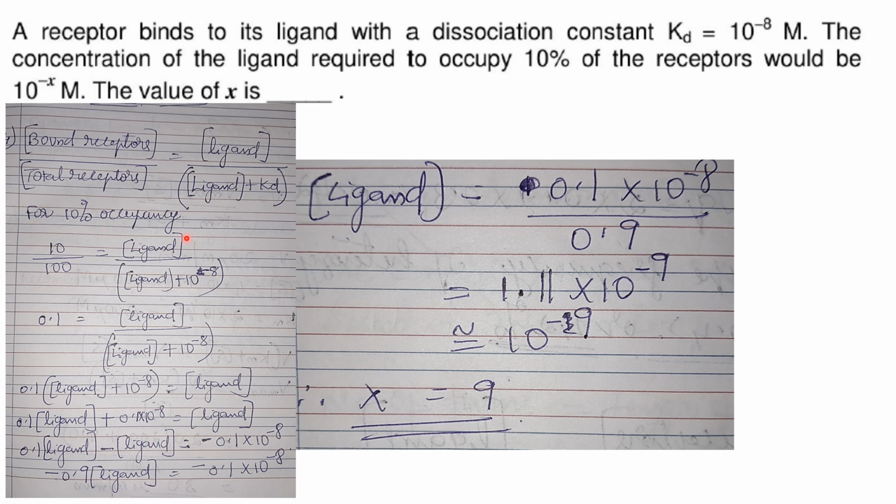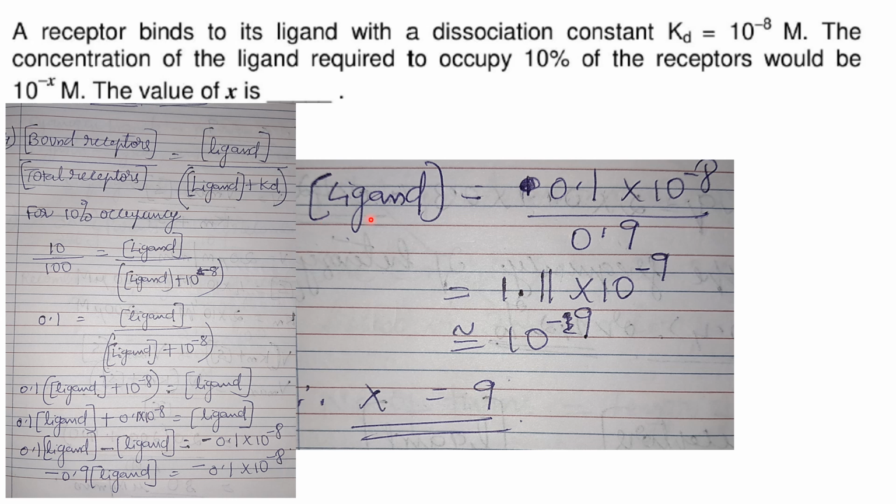Now for 10% occupancy, bound receptors will be 10, total receptor concentration will be 100, that is 10%, is equal to concentration of ligand by concentration of ligand plus 10 raised to minus 8. So 0.1 will be concentration of ligand by concentration of ligand plus 10 raised to minus 8. Solve for concentration of ligand. These are the steps that are involved in solving.